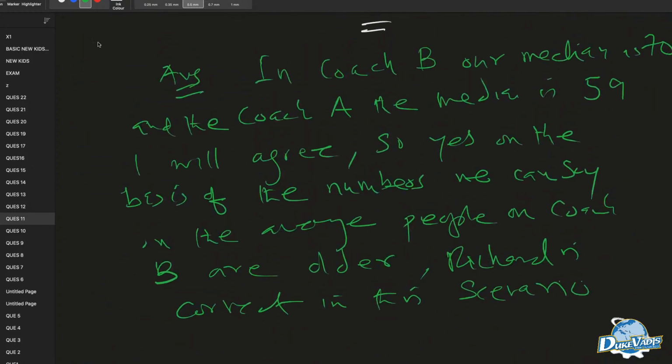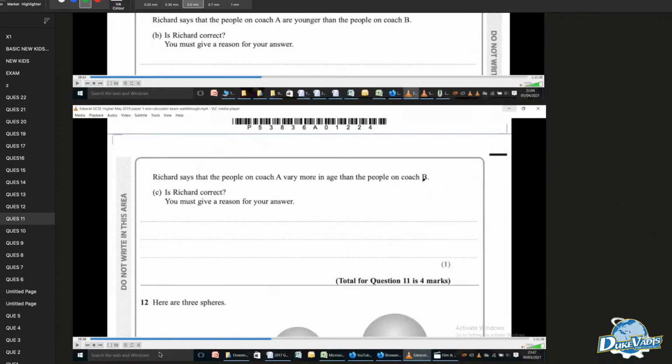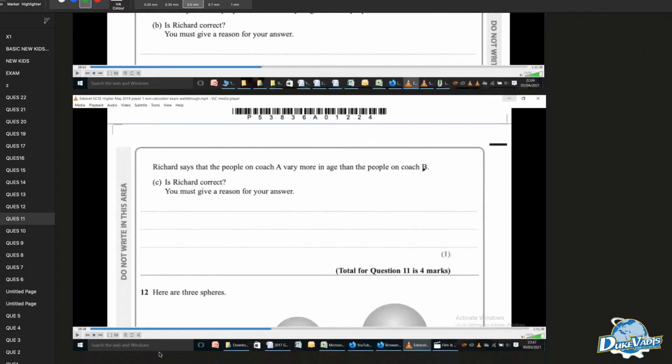Now the C part. Let's see the reason we can give for C. The C says, Richard says that the people on Coach A vary more in age than people on Coach B. Is Richard correct? You must give a reason for your answer.